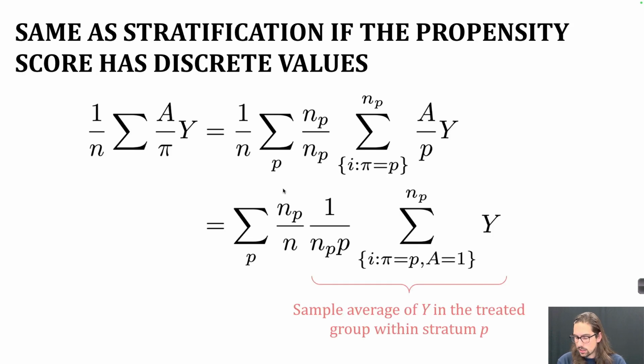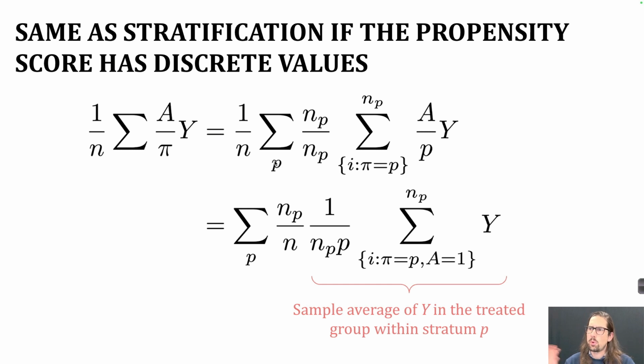And this is very closely connected to the stratification estimator, because if the propensity score has discrete values, so this is the IPTW estimator. We have A over a person's propensity score, and then we're averaging over that, which is kind of like the weight times the outcome. Well, we can group this. This is a sum over i, but we can group this over the different groups of people who have unique values of P. So let's say P is the propensity score.